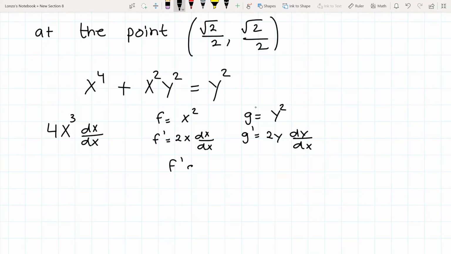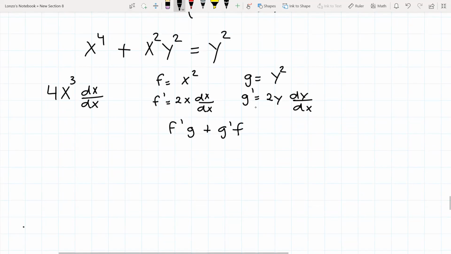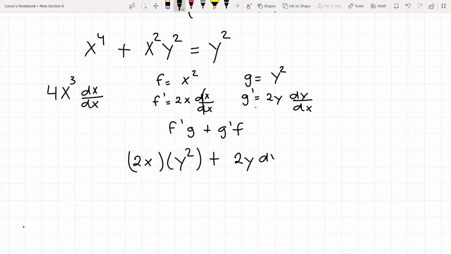Product rule is f prime of g plus g prime of f. So f prime is 2x, dx over dx just becomes 1, so it's just 2x, and then regular g is y squared, plus g prime, which is 2y dy/dx.